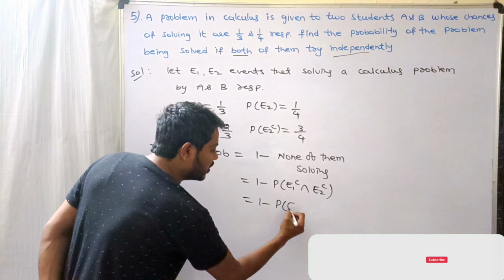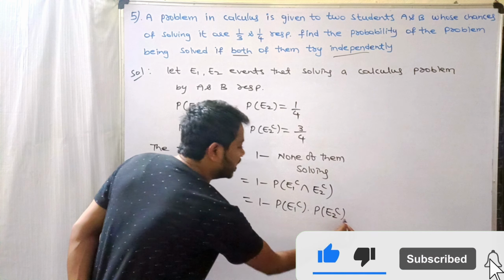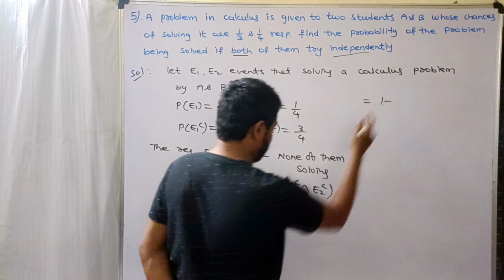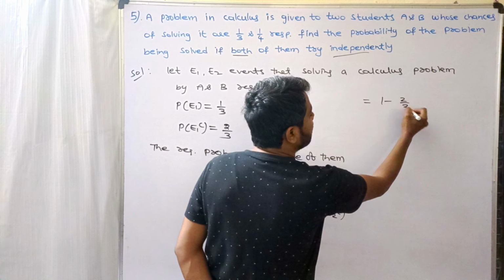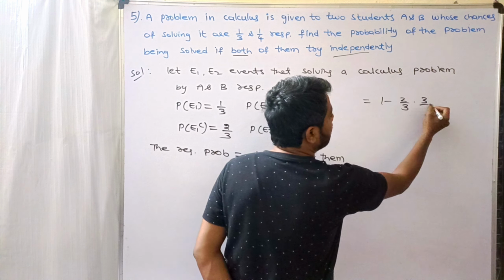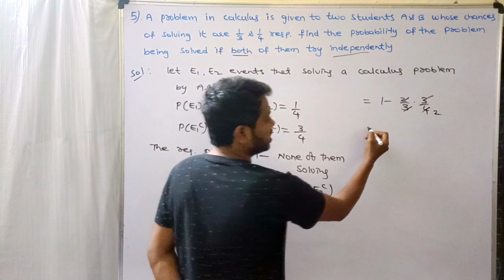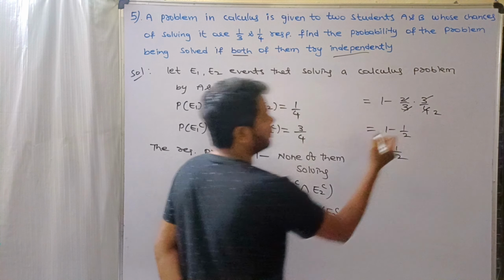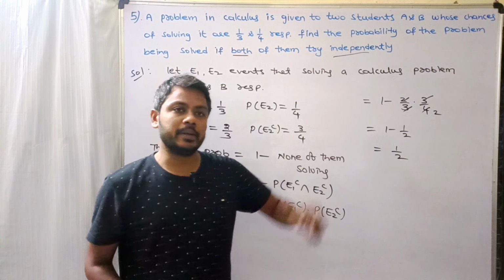That is P of E1 complement into P of E2 complement. So clearly 1 minus, what is P of E1 complement? 2 by 3. And what is P of E2 complement? 3 by 4. So 3 gets cancelled, 2 into 1, 2 into 2. Which is 1 minus 1 by 2. Clearly which is 1 by 2. Therefore the required probability is 1 by 2.